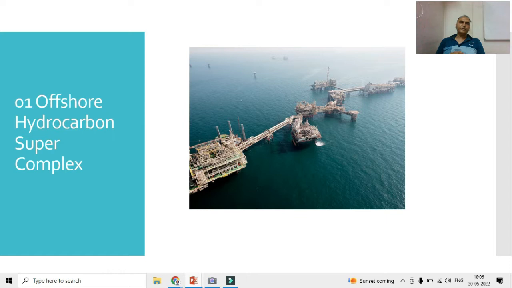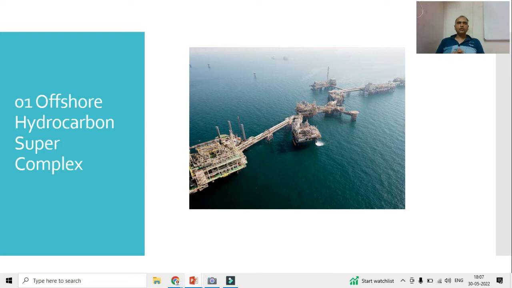Till now we have seen the hydrocarbon which is extracted, and that hydrocarbon is sold out to the downstream segment companies. For example, if I take the example of Shell Petroleum, Shell Petroleum has a business of downstream as well as upstream. So the upstream company is different for a Shell and the downstream company is different.